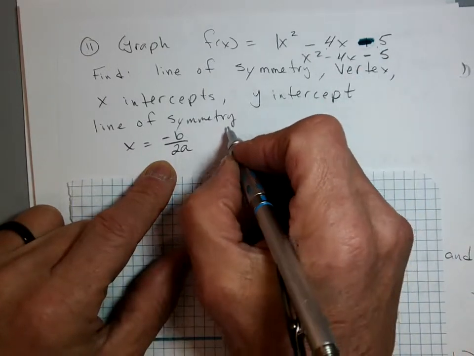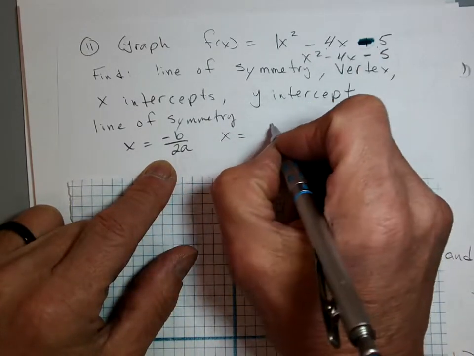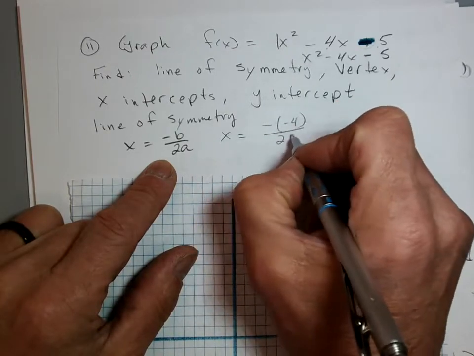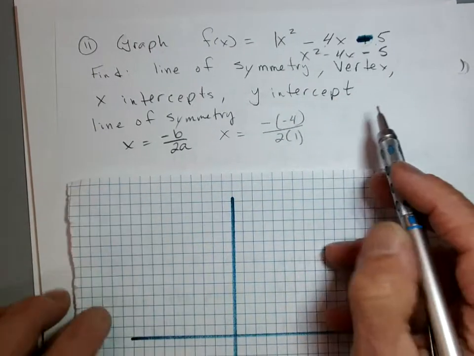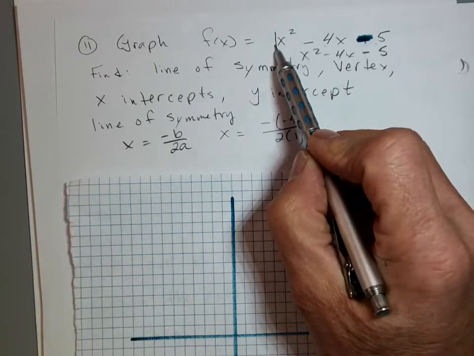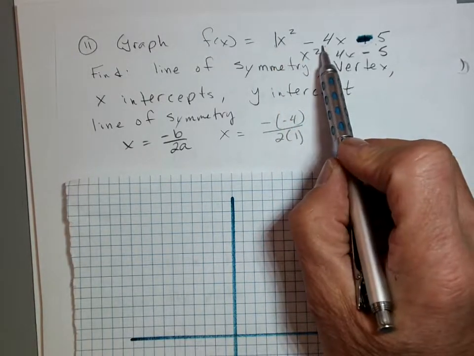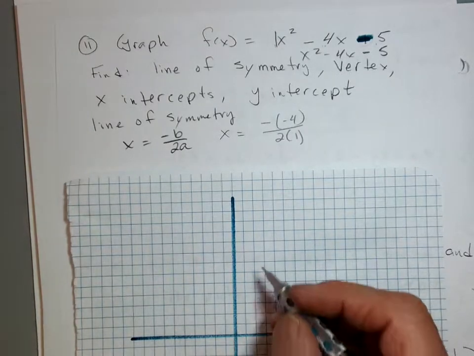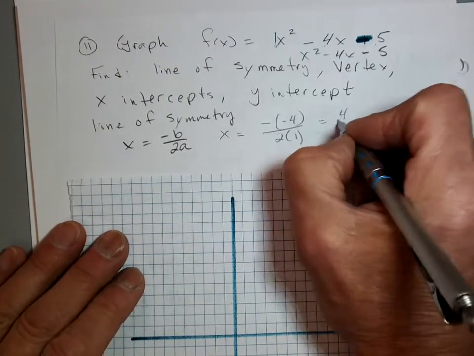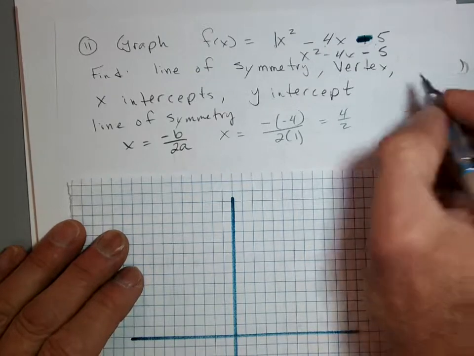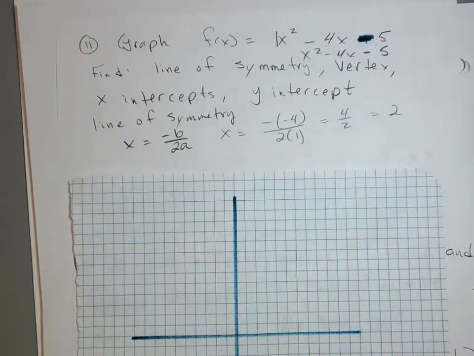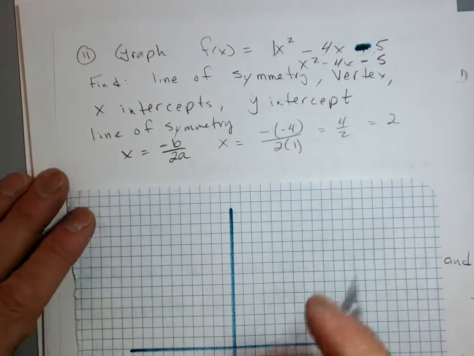So my line of symmetry is going to be x equals negative 4 over 2 times 1. If I simplify that, I'll get a positive 4 over 2, because of the double negative, which is 2. So my line of symmetry is just x equals 2.